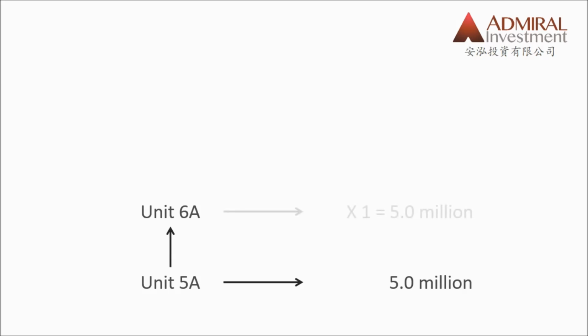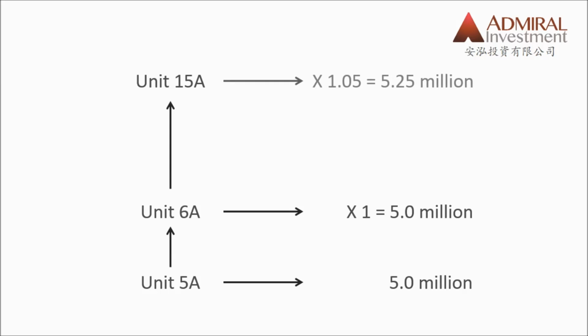For example, in a residential building, if a certain Unit 5A is sold for $5 million, then Unit 6A can be valued at the same price, since the two units face the same direction and are of similar height. For Unit 15A, which has a better view due to its height, the market price may be slightly higher.